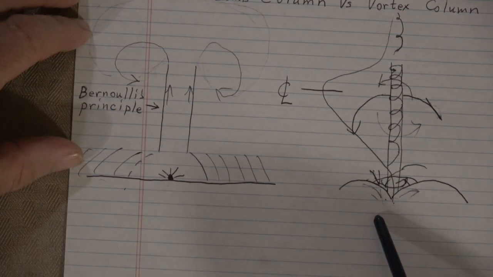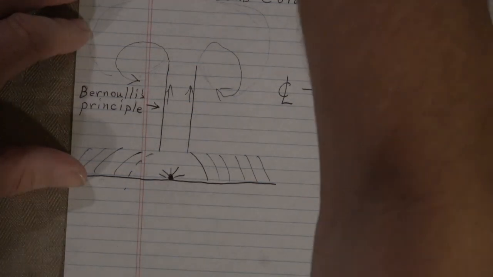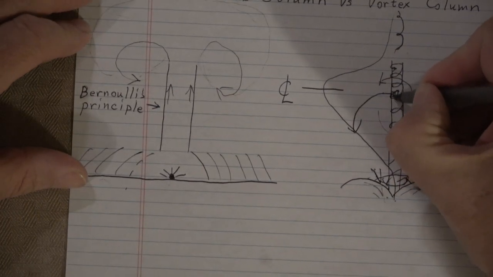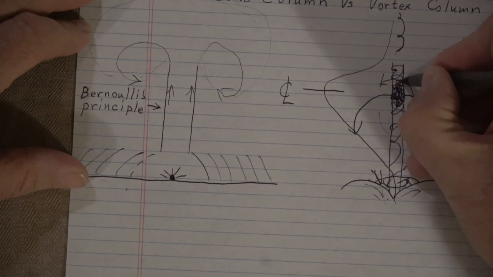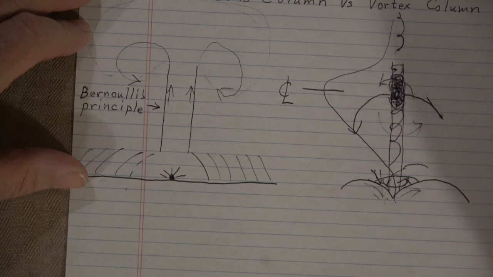Okay, so if we're going to a vortex column, we're looking at a clump. Let's put that clump right here. A whole bunch of quantum dots that are forced together in a very, very small spot.